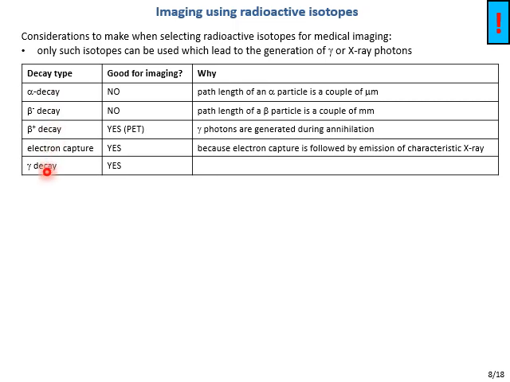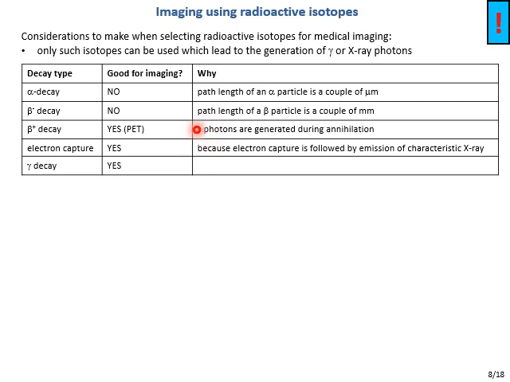On the other hand, these 3 different kinds of radioactive decays can be used for medical imaging. Positive beta decaying isotopes lead to the emission of a positron, and this positron undergoes annihilation, which leads to the emission of 2 gamma photons.